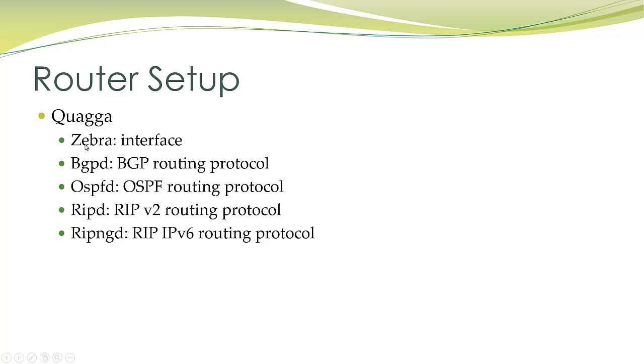These daemons include Zebra, which provides the basic interface functionality of Quagga, and BGPD provides the BGP routing protocol, and OSPFD provides the OSPF routing protocol, which we have used in our setup. RIPD is the RIP version 4 routing protocol, and RIPNGD is the RIP IPv6 routing protocol. In this setup, we only use Zebra and OSPFD.